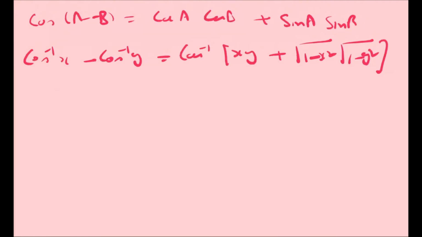So student, we can read about the formulas for A plus B and A minus B for sine, cos, tan and cot. Now if I ask about the formula for sine 2 theta, what is the formula? That is 2 sine theta cos theta.